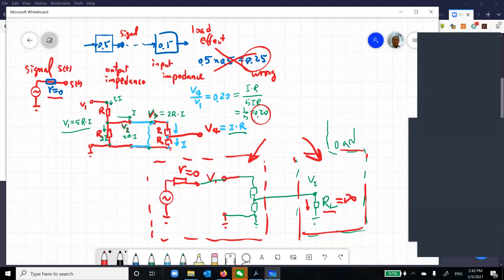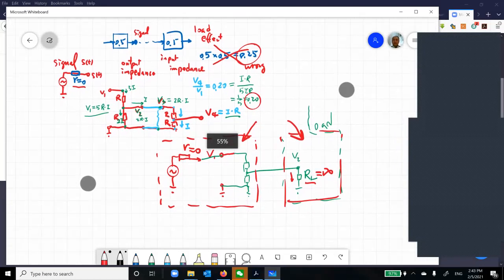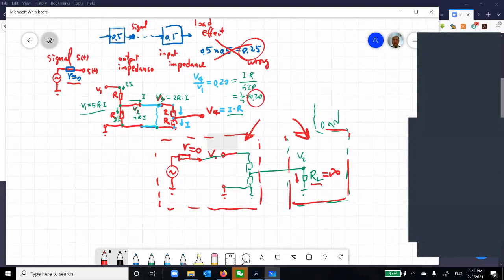As you are going to learn today, usually we need a stage of op amps in here. When I put in that op amp, this will be true again, because in the op amp, ideally, the output impedance is very small and the input impedance is very big.